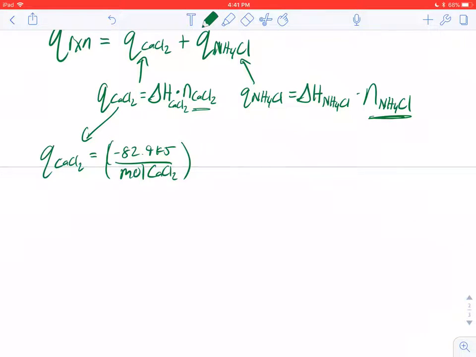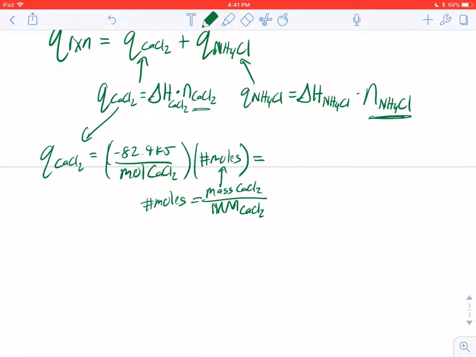And that would be times the number of moles. Okay, but our goal here is to quantify the mass. So let's go ahead and put in here, instead of moles, the mass of calcium chloride divided by the molar mass of calcium chloride, which is equal to the number of moles of calcium chloride. So that's just using our molar mass conversion factor there.